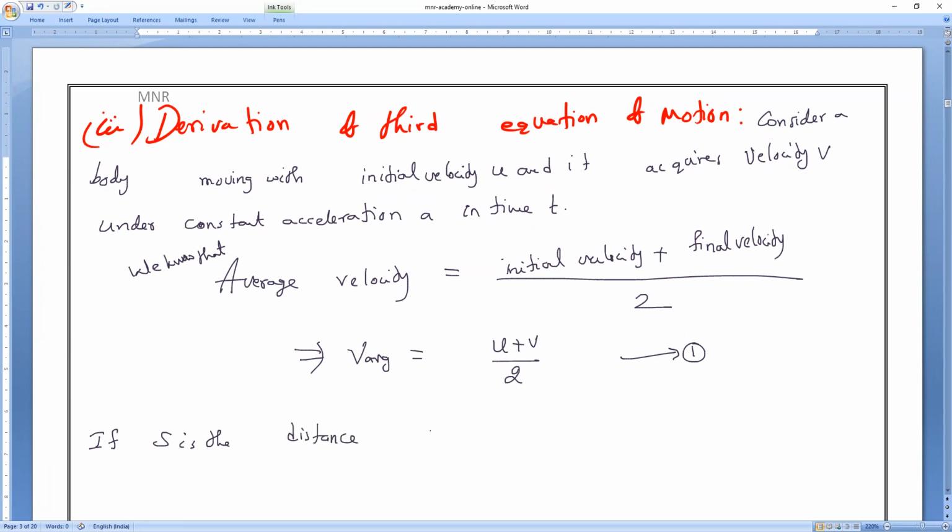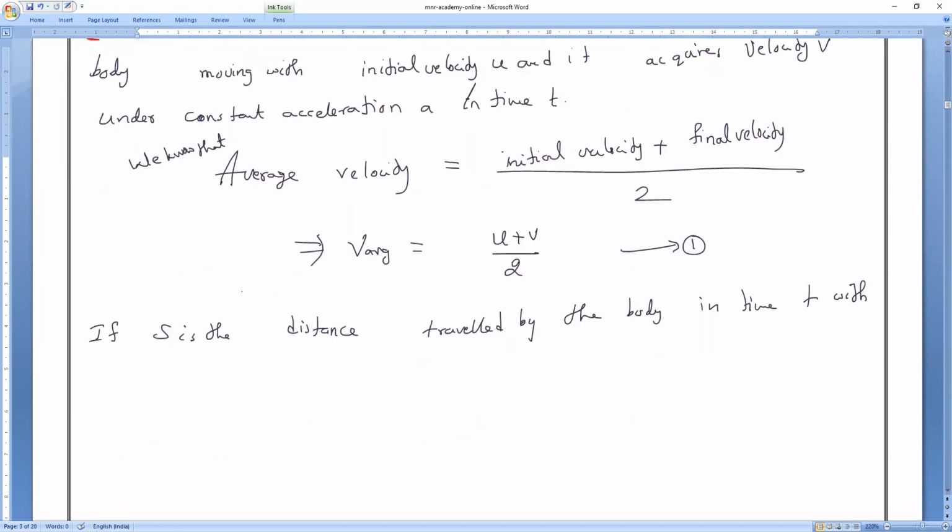Now, if S is the distance or displacement, whatever it is, distance traveled by the body in time t with the average velocity V average, then V average is equal to what?